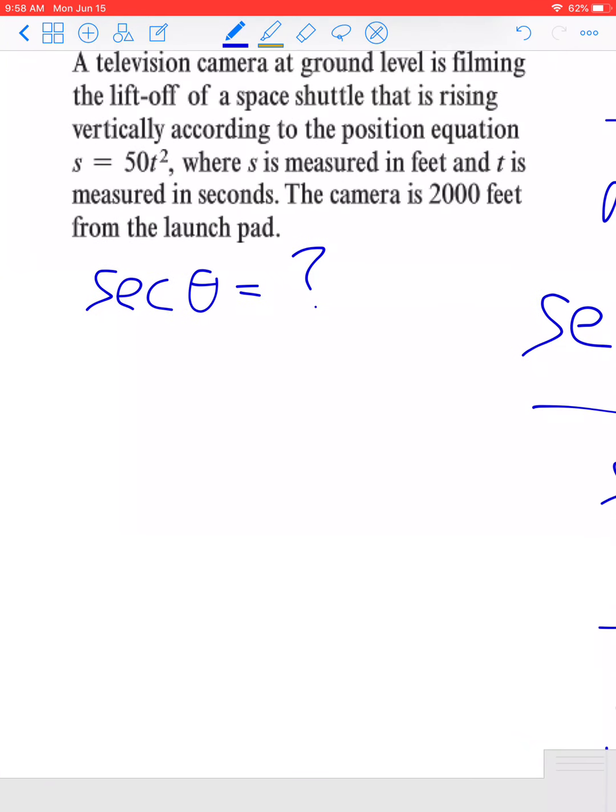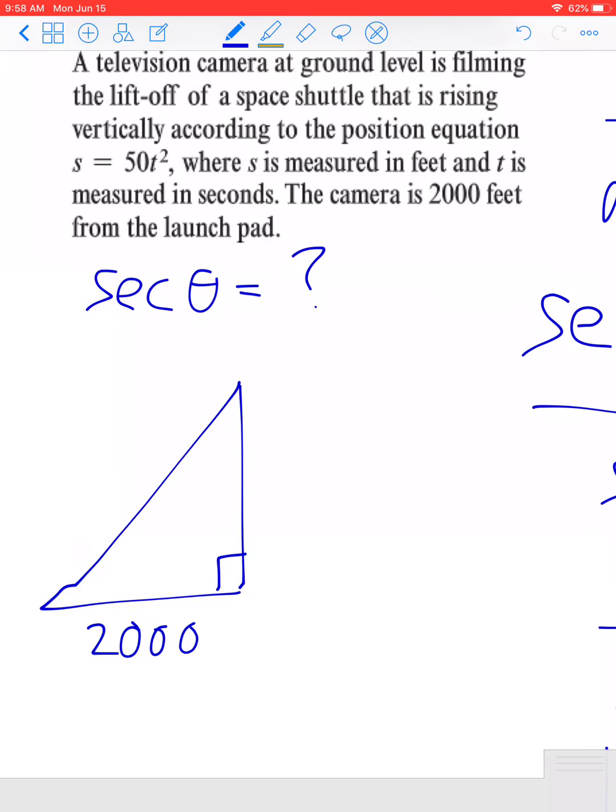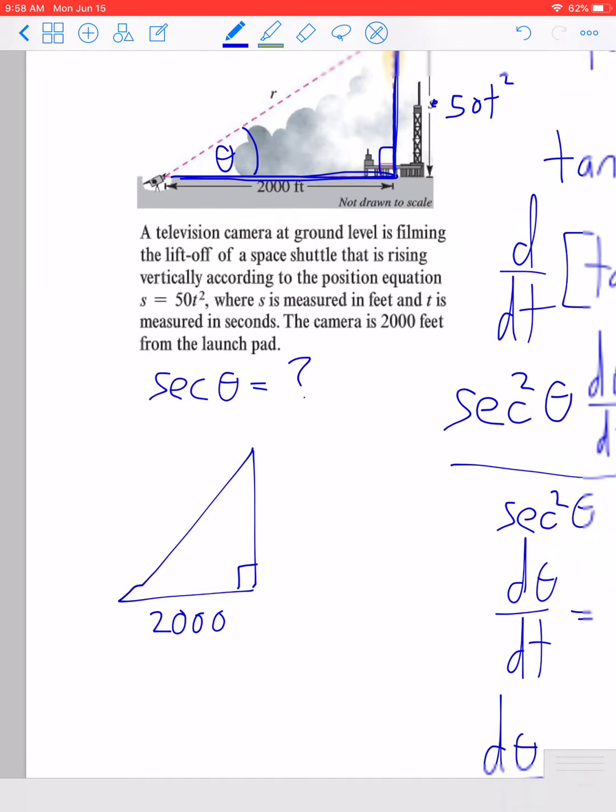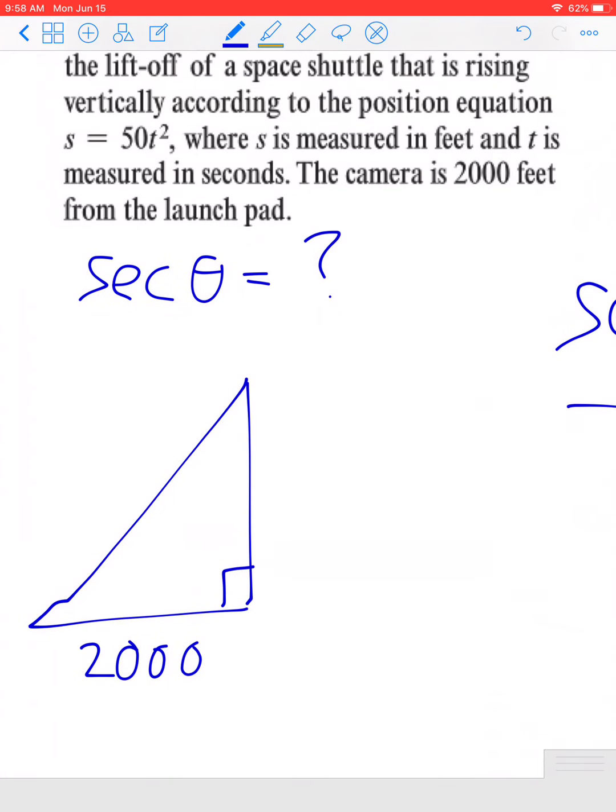Well, let's go back to our drawing here. So here's what we know. This is always 2,000, so the camera is located 2,000 feet from the launch. This side here, s, is equal to 50t squared, and we know that t is equal to 10.